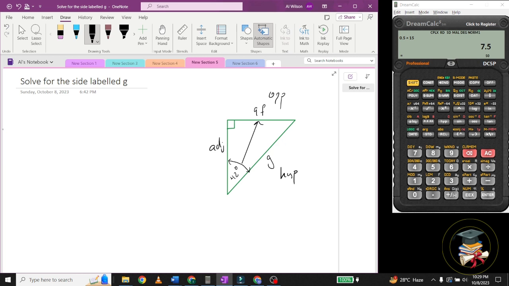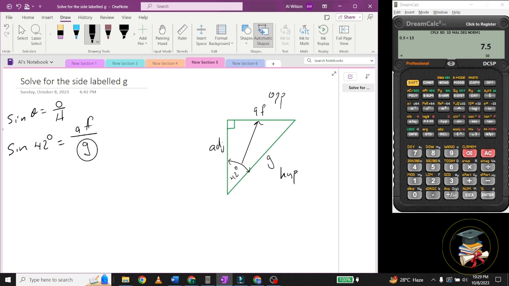So clearly, you should be able to recognize that you have the hypotenuse and the opposite. So writing it out, sine theta, opposite over hypotenuse. Now sine of 42 degrees is equal to our opposite, which is 9 feet, divided by the hypotenuse, which we have as G.